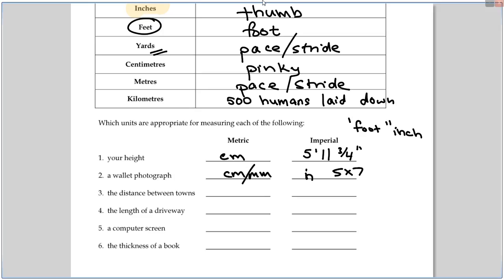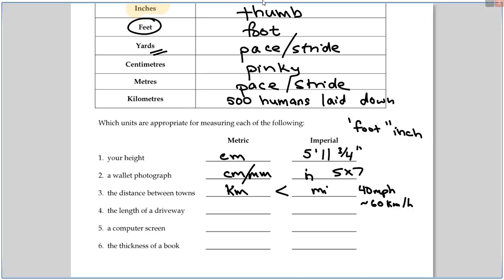Okay, moving on. The distance between towns, what's that going to be in metric? Kilometer. And in imperial? Mile. The mile is bigger than the kilometer. You need about 1.6 kilometers to get a mile. So when you're driving in the United States at 40 miles per hour, in Canada that would be almost 60 kilometers per hour.